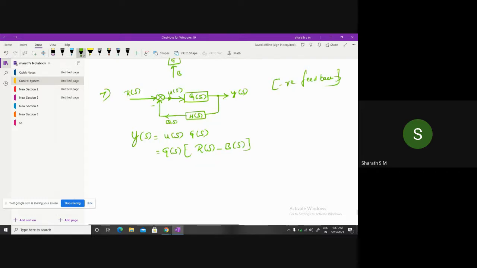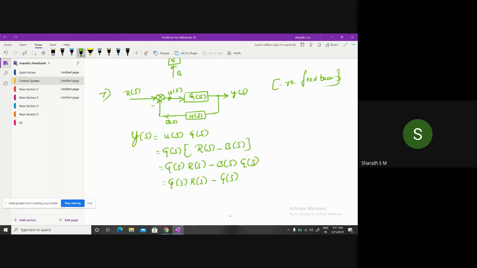Afterwards, make a product of these two, that is G of S into R of S minus B of S, which gives G of S into R of S, that's the input.